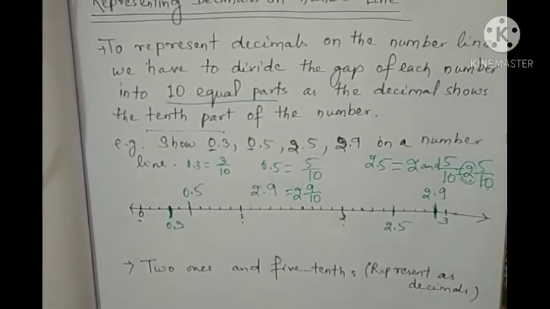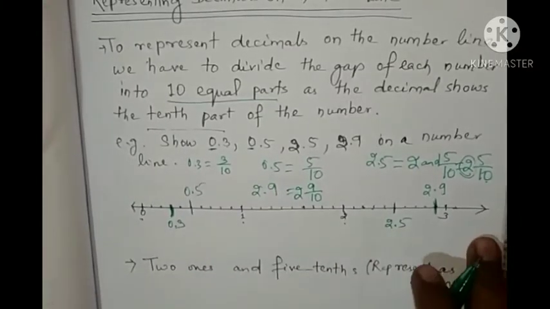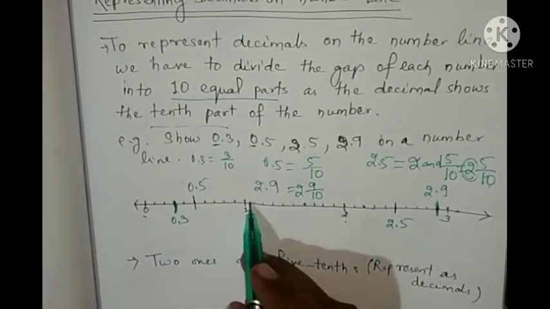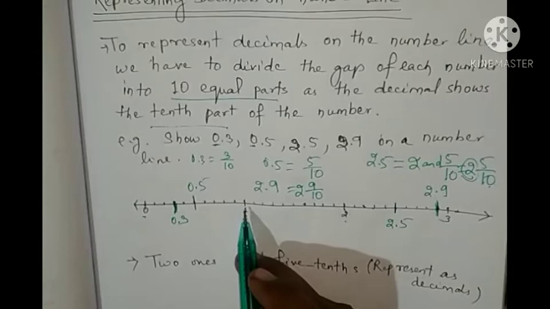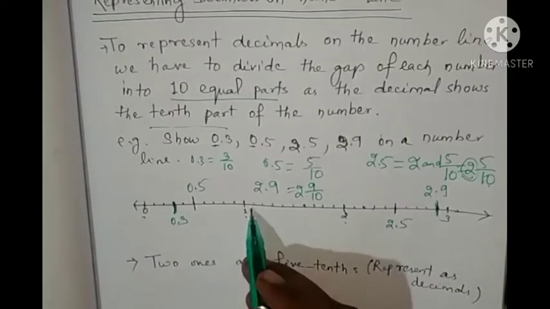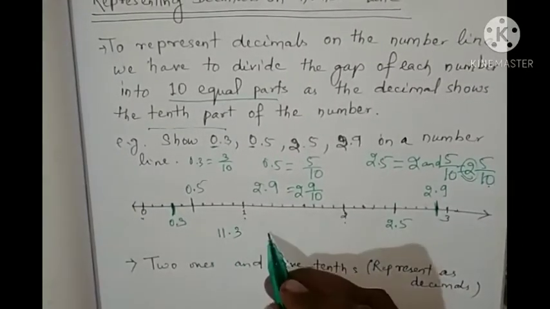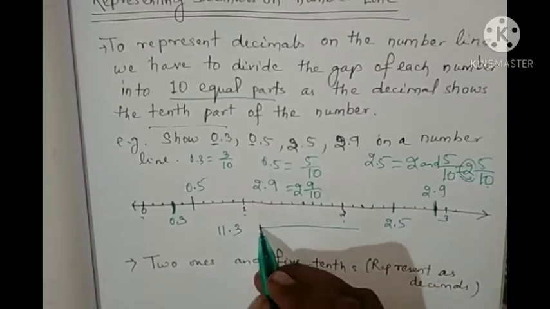So here this point is 2.9. Like that you can easily put decimals on the number line, but you have to divide the gap into 10 equal parts. If you want 11.3, you will divide 11 to 12.